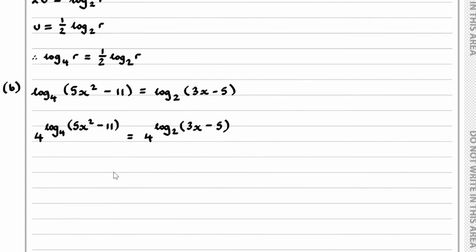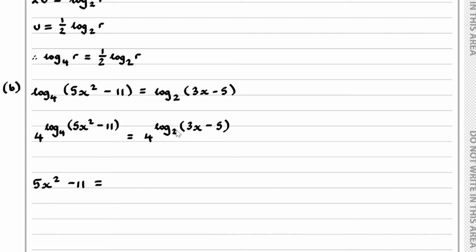Now on the left hand side, 4 to the power of log base 4 of 5x squared minus 11 is just 5x squared minus 11. But on the right hand side, we've got 4 to the power of log base 2 of 3x minus 5.